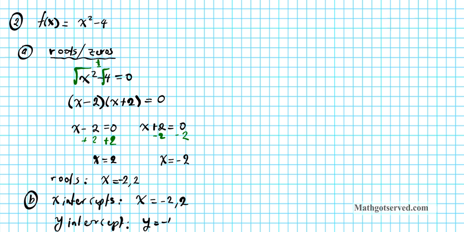So y equals -4 is your y-intercept. All right, next thing we need is the coordinates of our vertex. Okay, and then we can go ahead and write down what the vertex is. So for part C, we need the vertex.